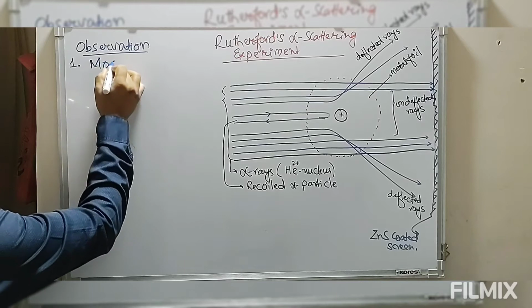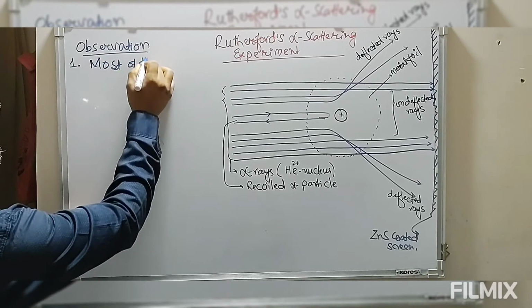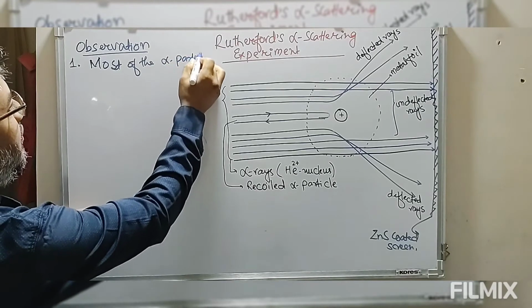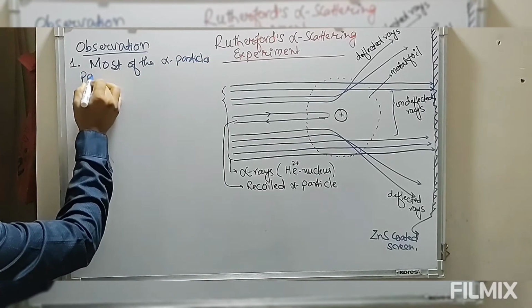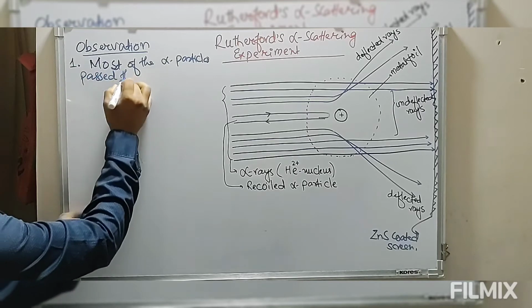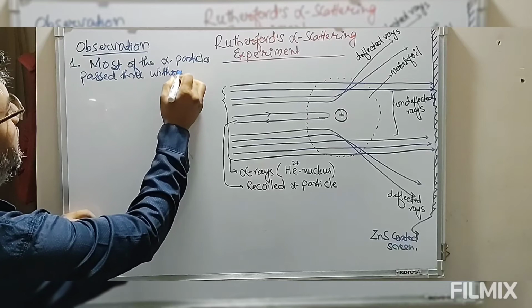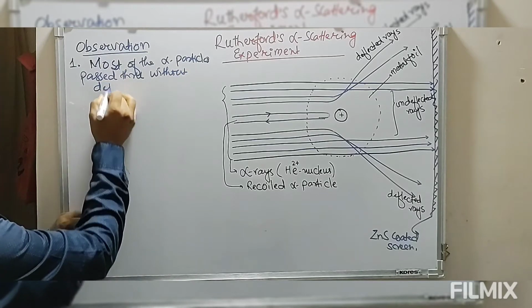So the first is, most of the alpha particles pass through without deflection.